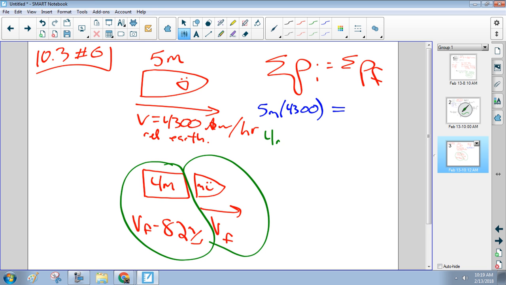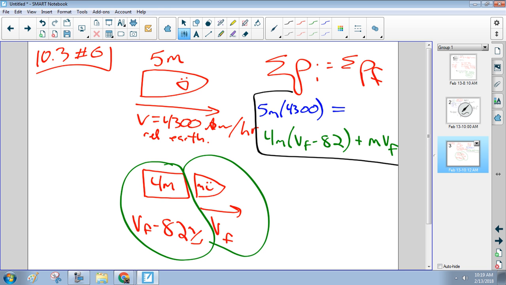So 4m times (Vf minus 82) plus m times Vf. And so here's your equation that you got to solve. Just solve it for Vf. Following, you guys? All right, and Johnny, to your point, you can kind of see where the 4/5 and 1/5 come in here, right? It just finds itself.